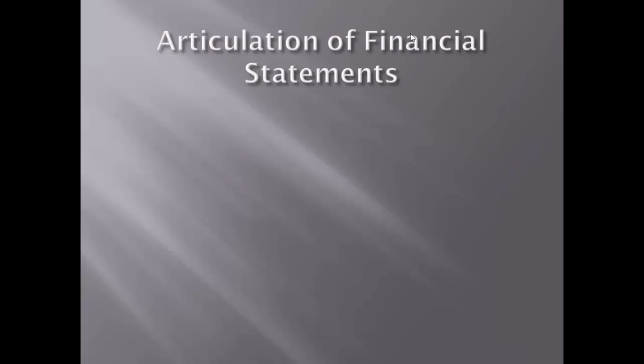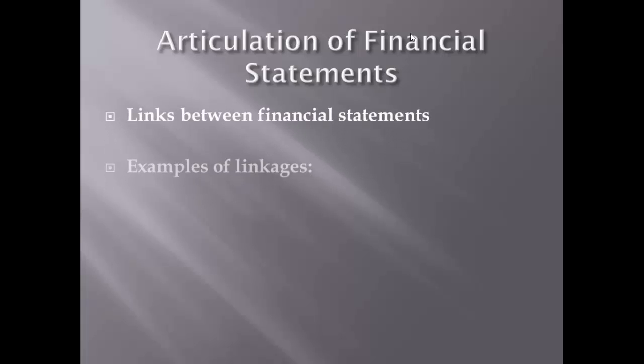We will now discuss the articulation of financial statements. Articulation refers to the fact that the four financial statements are linked to each other and that changes in one statement affect the other three. So let's look at some examples of the linkages between financial statements.